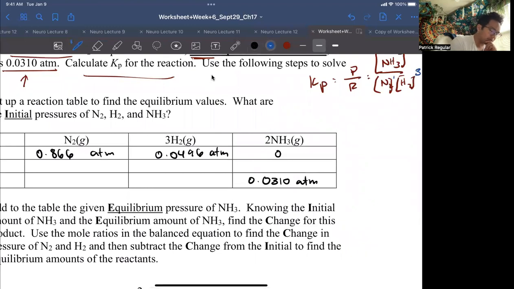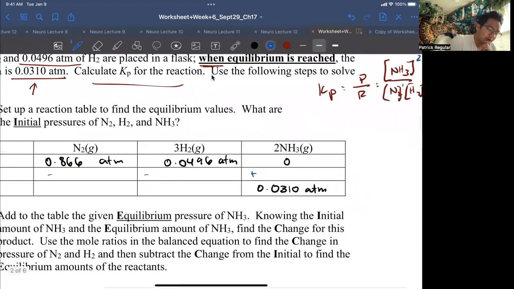So now we have to do our minus, plus. This will be the case because we have no products in, so we're going to shift to the right. We've got to make some product. So what do we add by? Well, we know that in order to get this final product, we have to add 0.0310 atmospheres.